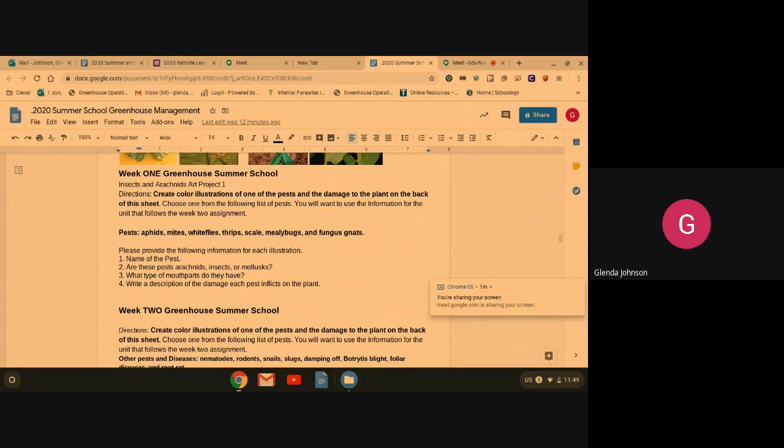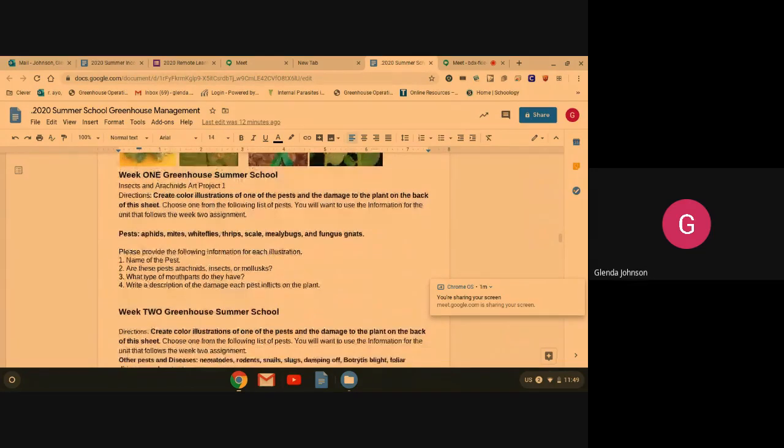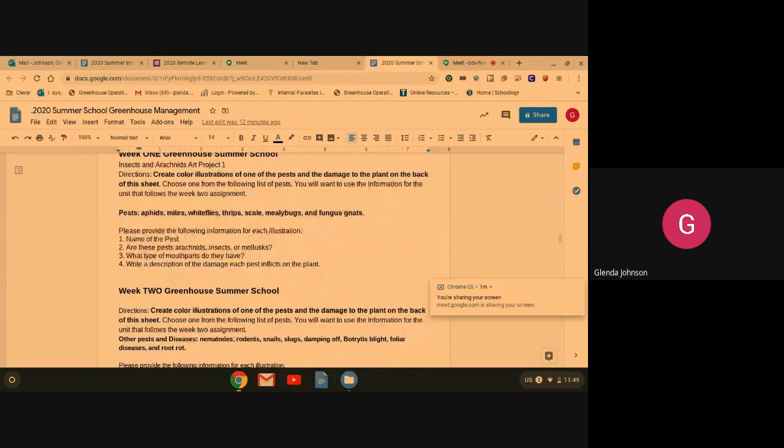You can use this sheet to create a little poster or a drawing. You just need to choose one of the pests. You will use that information for the next 2 weeks of assignments. Actually, there's going to be 3, so I'll change it, but it's probably going to say 2 on yours.